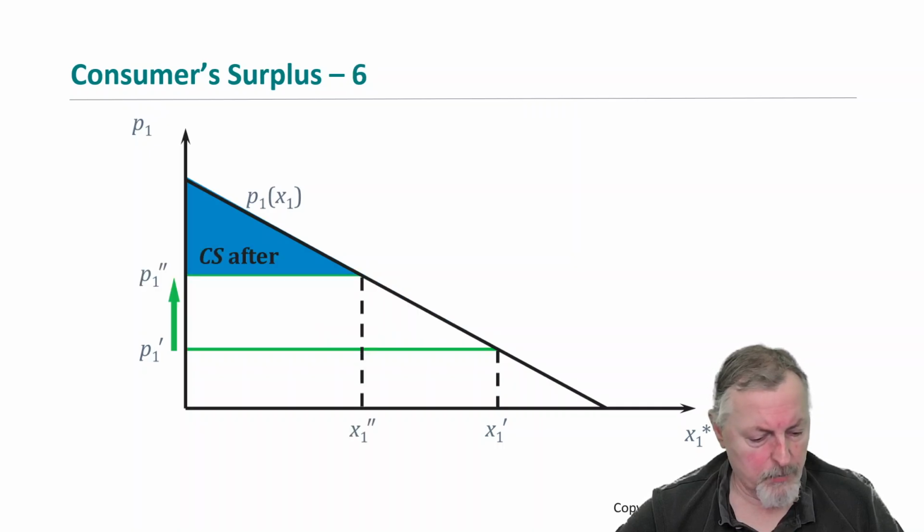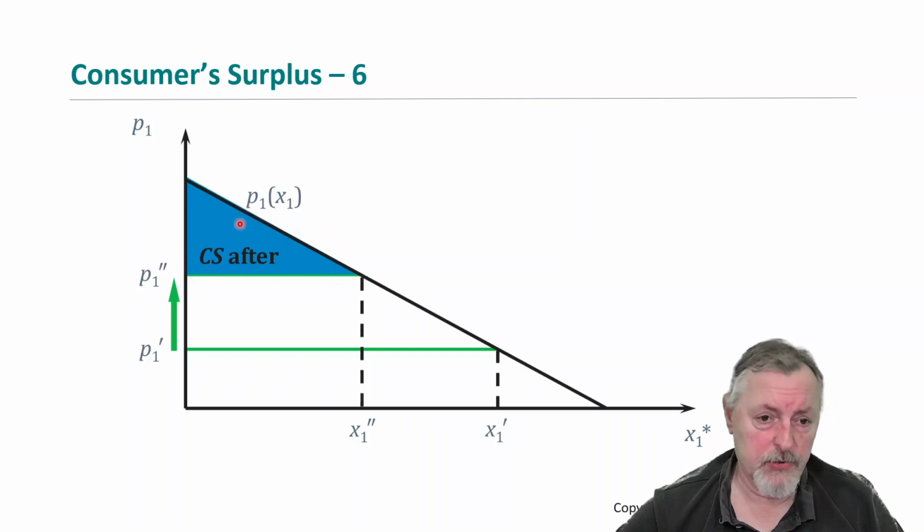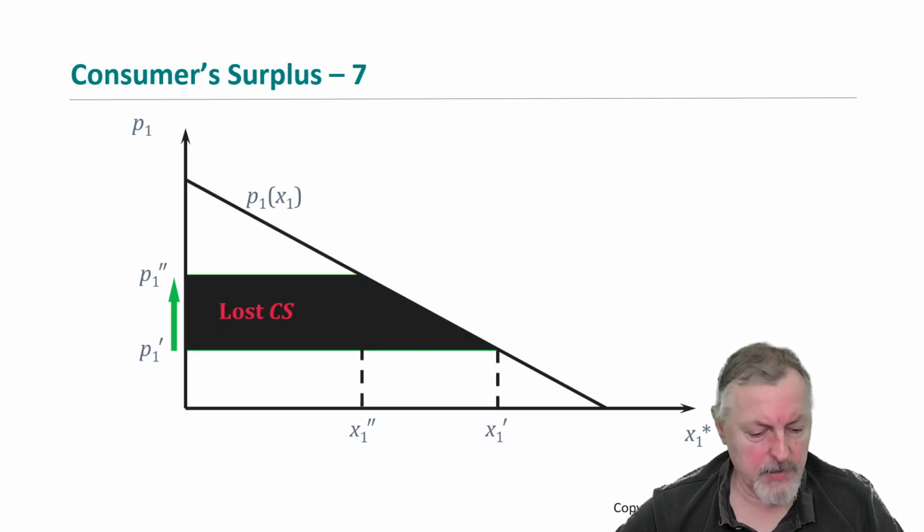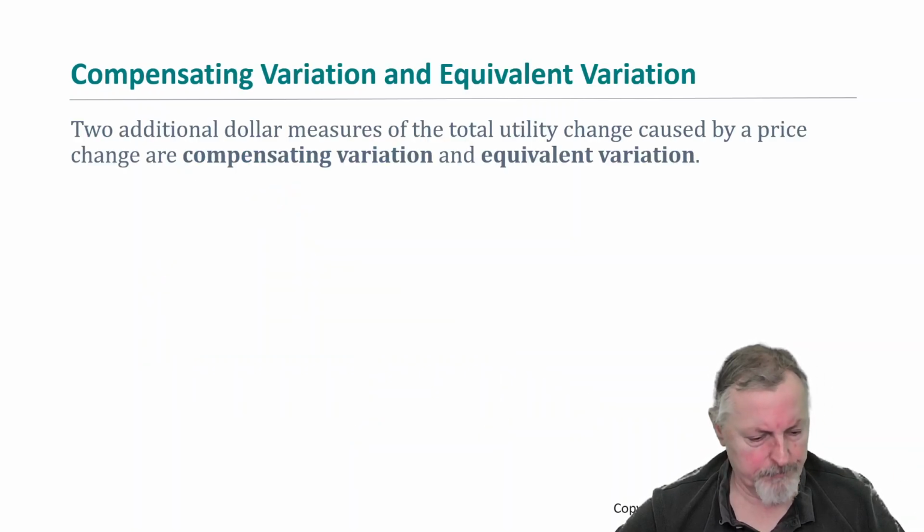Now, price goes up to P1 double prime, this would be your consumer surplus, and the difference is that black area. That would be the loss in consumer surplus. Looking at it as just change in consumer surplus, you can calculate the area of that trapezoid.